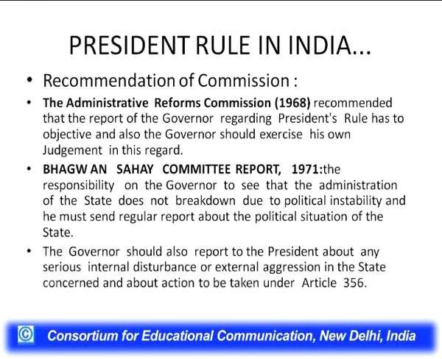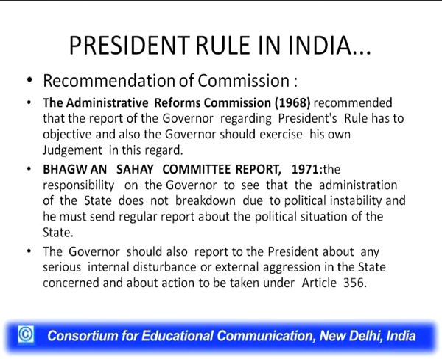As far as the power of the governor regarding the report is concerned, under the Constitution the governor of the state is required to send a fortnightly report to the President or to the Union Home Ministry regarding the prevailing law and order situation of the state, and also the important decisions taken by the respective state government, apart from general observations.